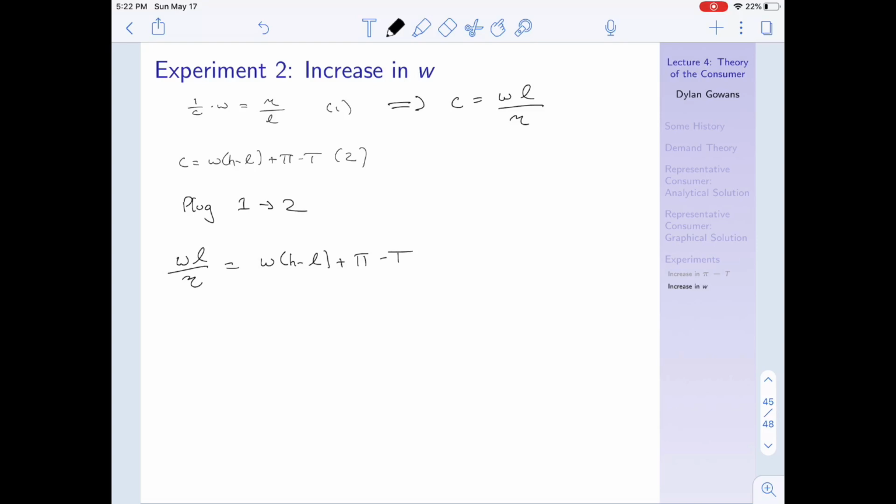So let's bring all the leisure terms onto one side. So that gives us the following. Great. And then we can factor out L and W from the left-hand side. So that gives us 1 over eta plus 1.